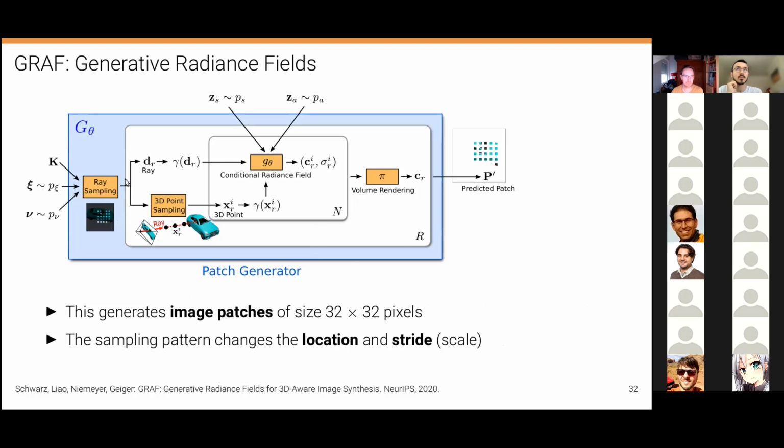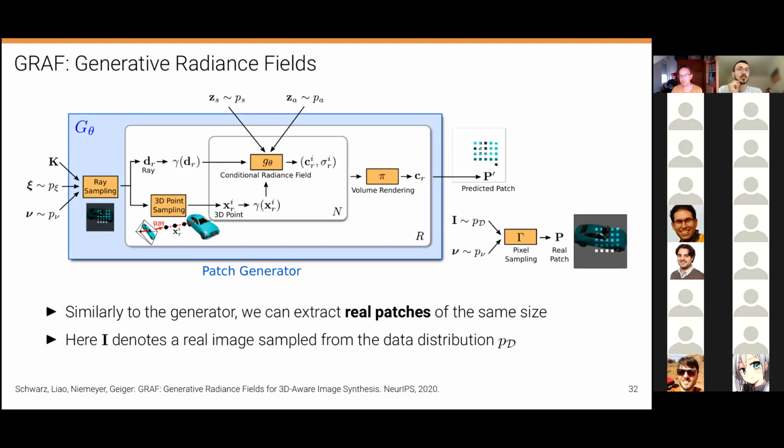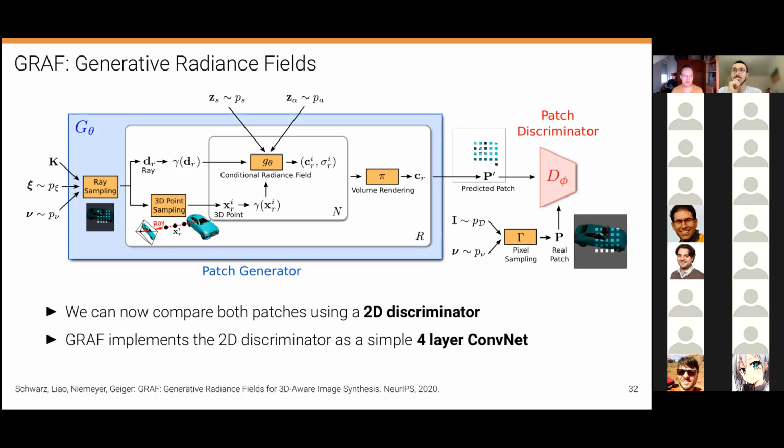And so, given this mechanism, we can render a patch for this particular camera pose, this particular patch sampling pattern and this particular latent code of shape and appearance. We can similarly extract real patches using similar sampling patterns, and then we can compare those two using a patch discriminator. And this is a very simple patch discriminator.